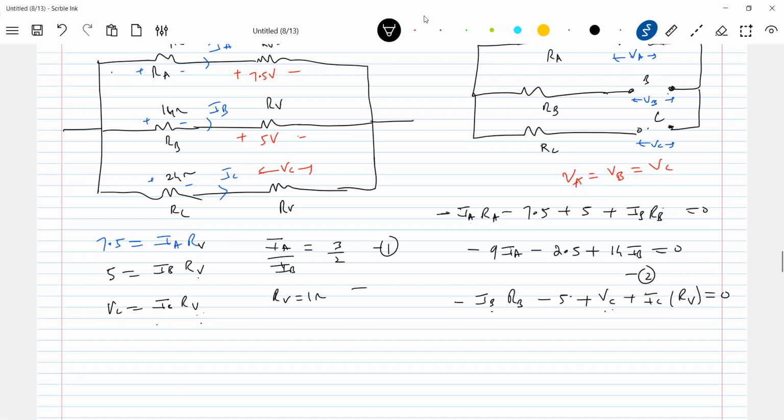IB is 5 amperes, IA is 7.5 amperes, IC will be 3. So we'll get VC. The value of VC is 3 volt.